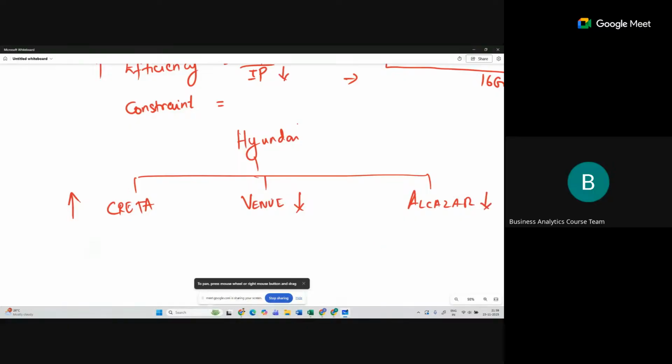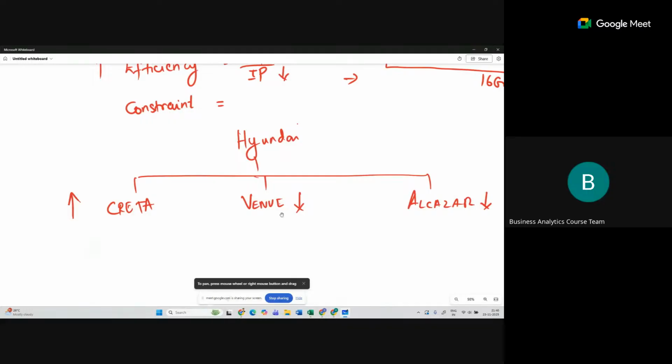Without this, you cannot achieve it. Any questions so far? If you are on the production frontier, that is, you are efficient, you are on the envelopment. Increasing 1 unit of production of Creta is not possible without compromising on the production units of Venue or Alcazar. These are some theory concepts that are good to know, but we will focus more on the important aspects.